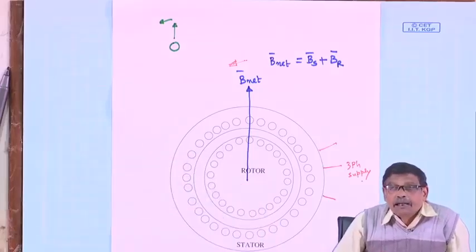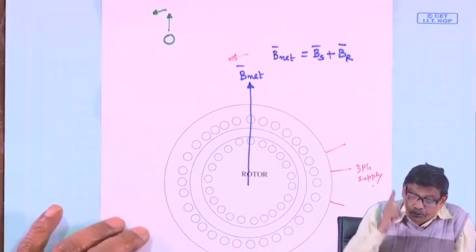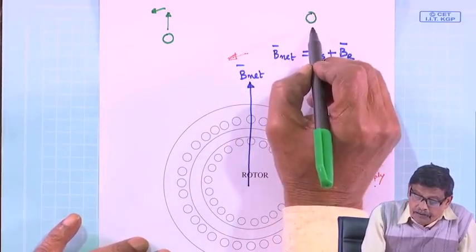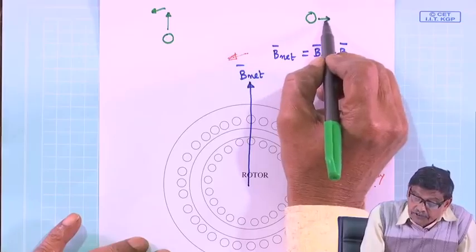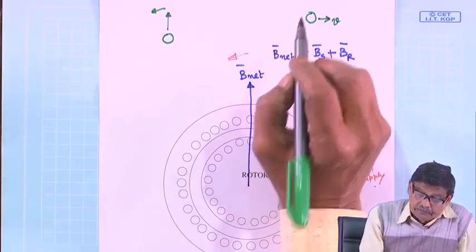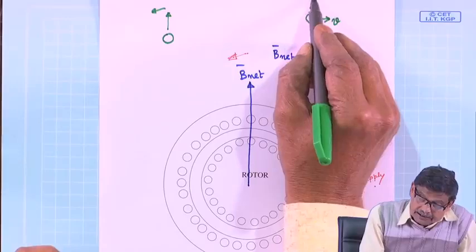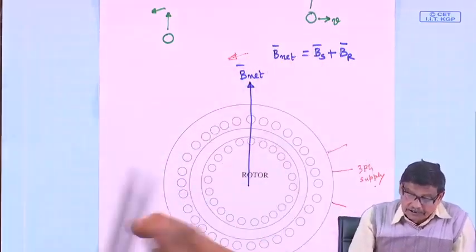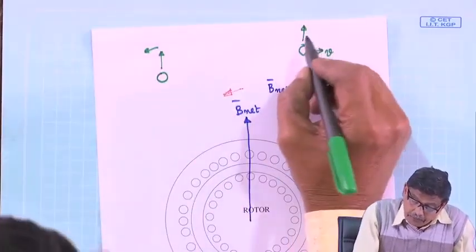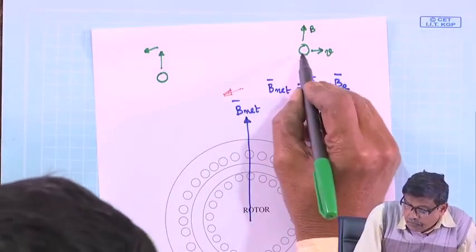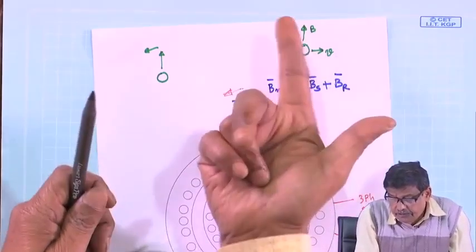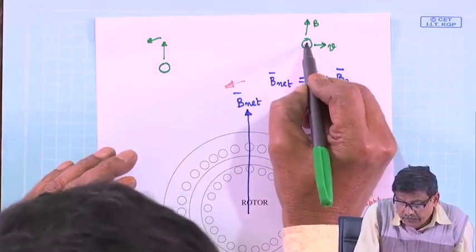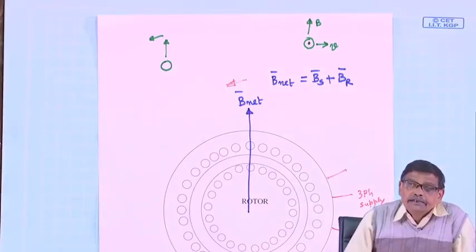But do not try to apply the right hand rule now, because the rule says that if a conductor velocity is v and if b is like this, then apply the right hand rule and get the polarity of the voltage, that is this way. If your b is there, if the conductor is moving from left to right with v, then you apply this right hand rule to get this dot. But here the situation is different.